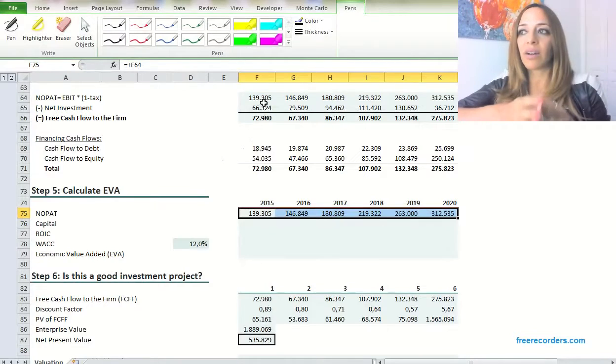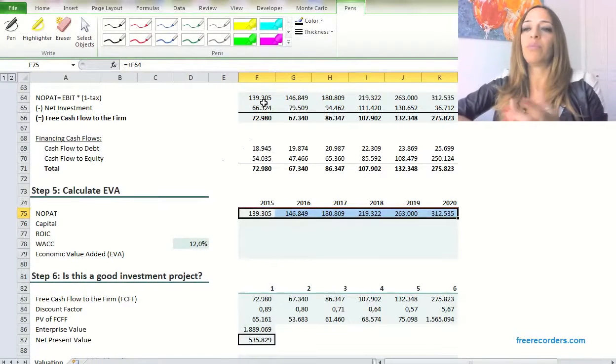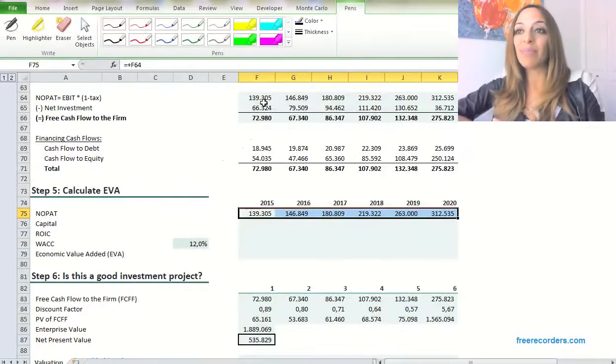How much the company was able to generate in its operations. For example, for the first year, we're forecasting to obtain $139,000. Okay, is that good? Is that a good profit? I don't know. It depends on how much money we need to invest to obtain those 139.